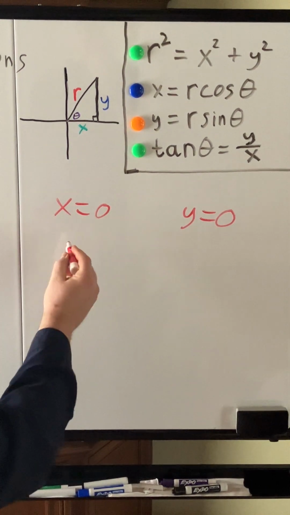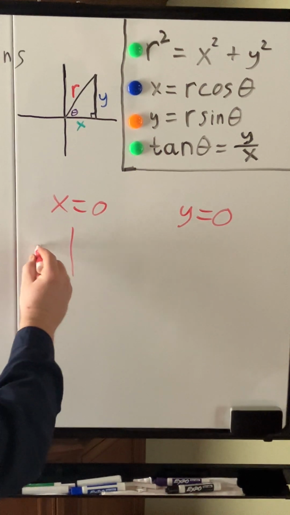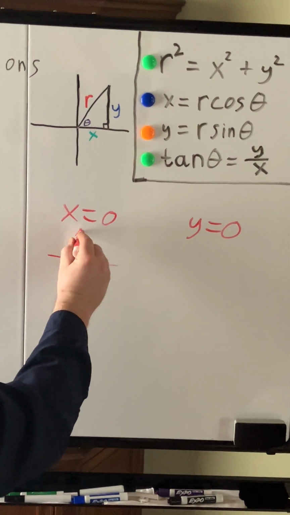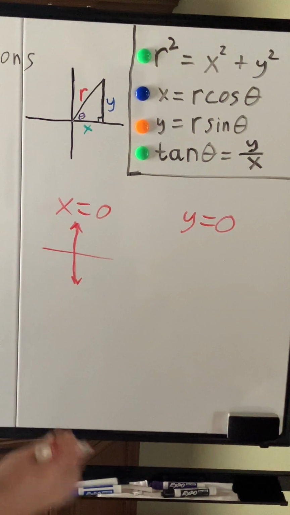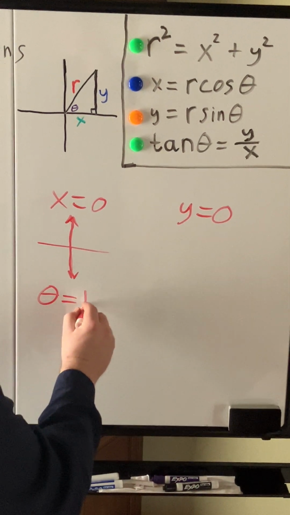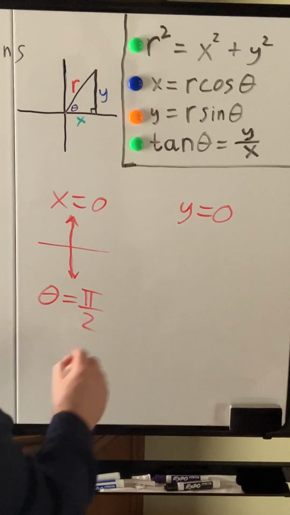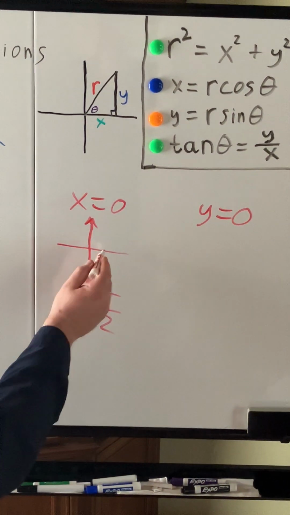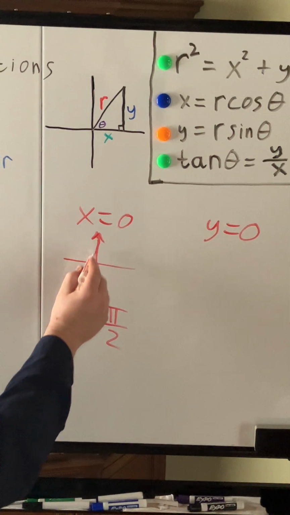Now, for x equals 0, I'm just graphing a line on the y-axis. And so you literally just jump to the answer. You have to understand that this is a graph of theta equals pi over 2 in polar form, right? That's the angle that takes us there.